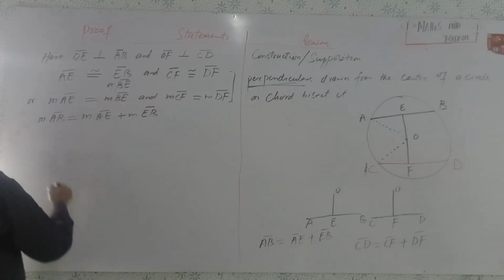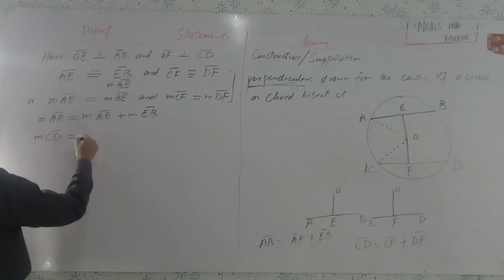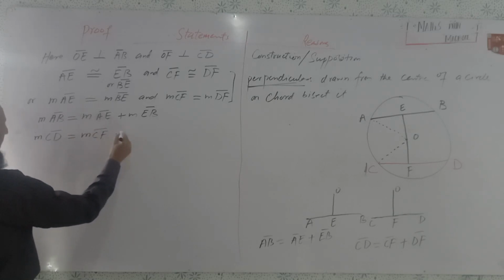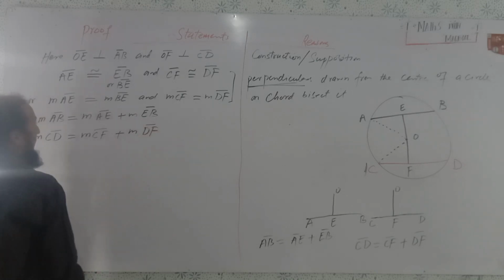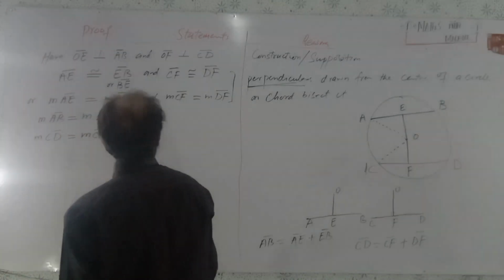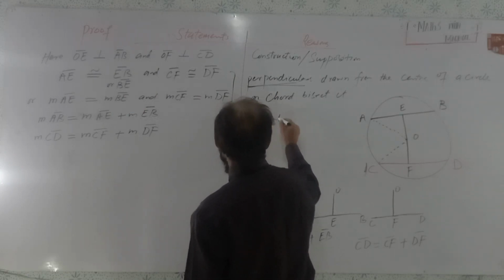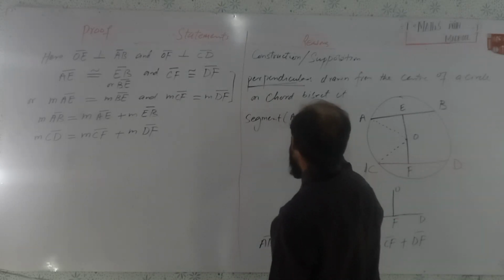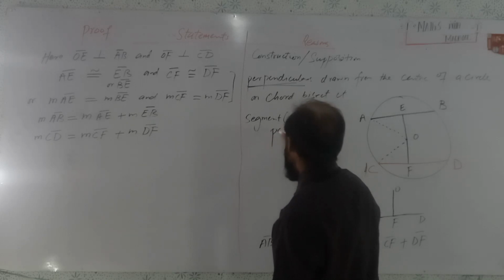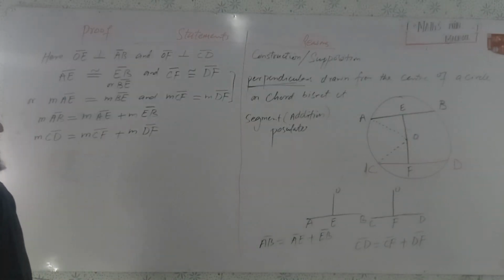Similarly, for line CD we can represent measurement CD as measurement CF plus measurement DF, according to the segment addition postulate.